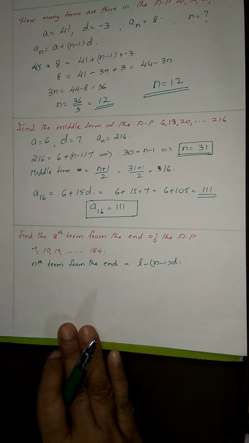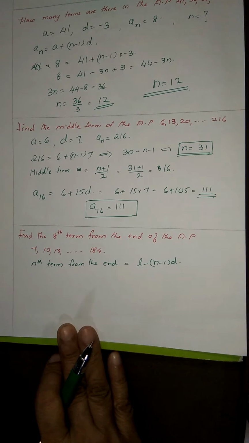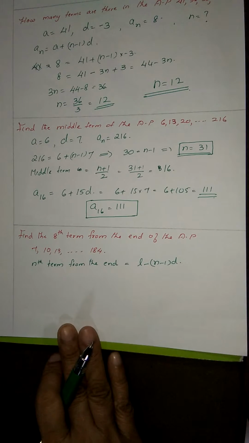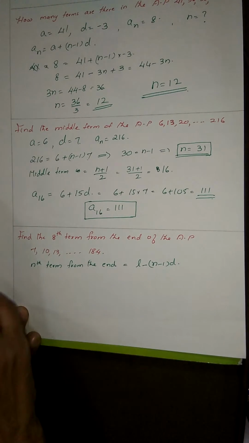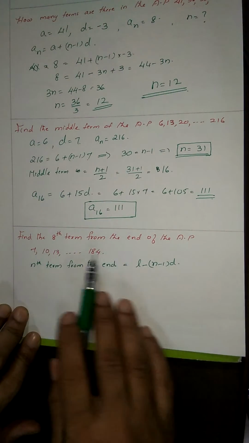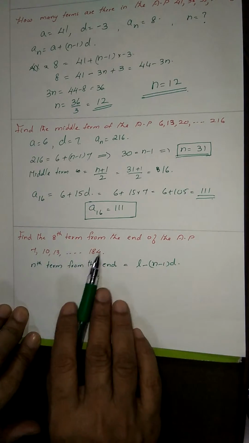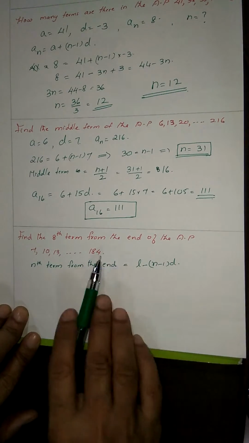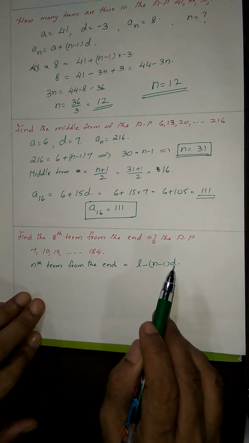Now we have to find the 8th term from the end of the AP 7, 10, 13, and so on up to 184. So till now we were finding from the starting. Now we have to find the nth term from the end. So the formula is similar to a plus n minus 1 into d.